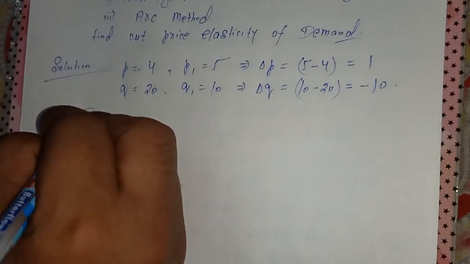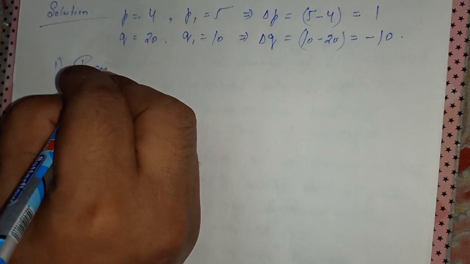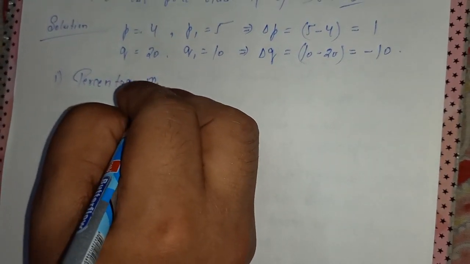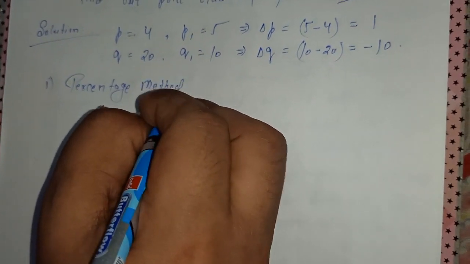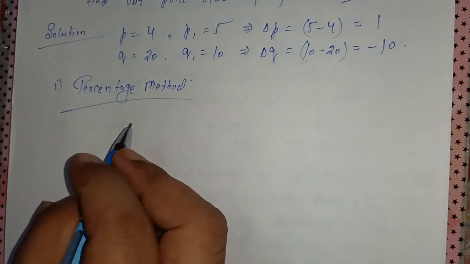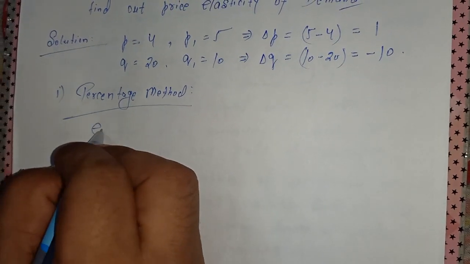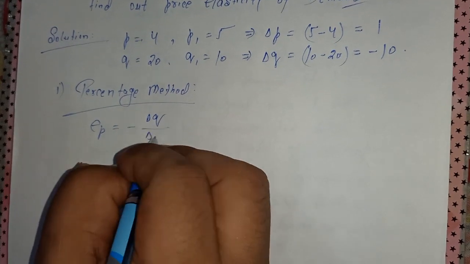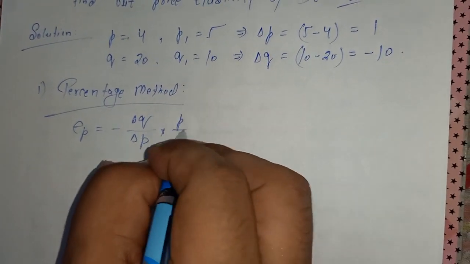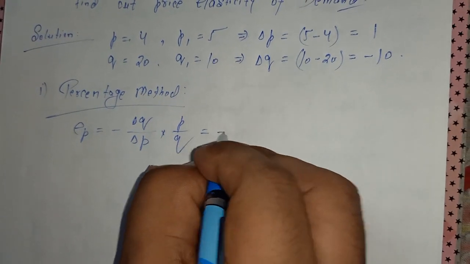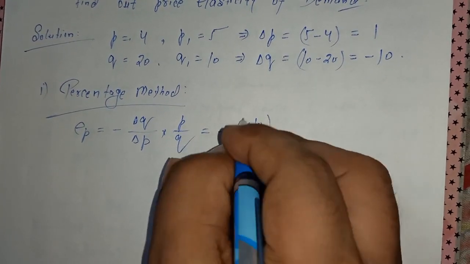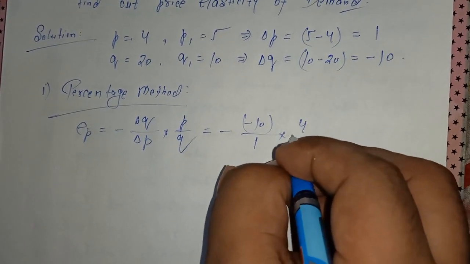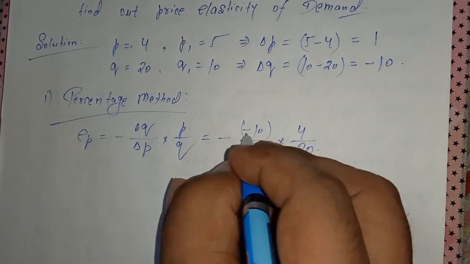Now, first, we will use the percentage method. According to the percentage method, EP is equal to minus delta Q upon delta P into P upon Q, which is minus delta Q, minus 10, upon delta P, 1, into P, 4, upon Q, 20.